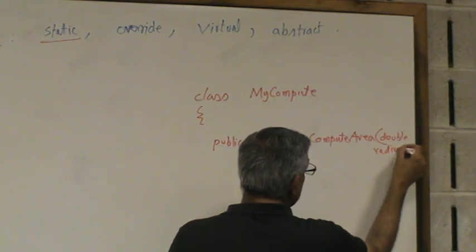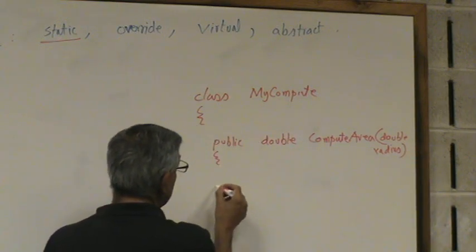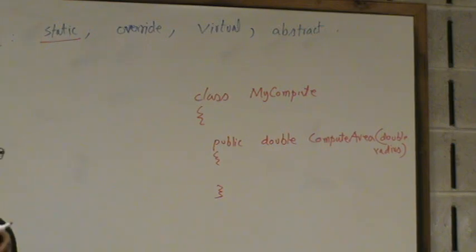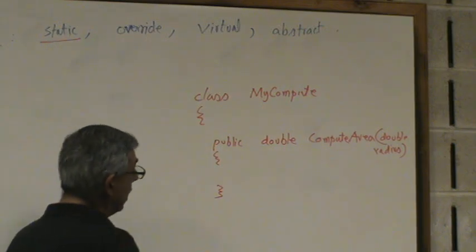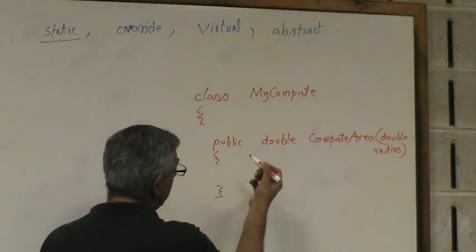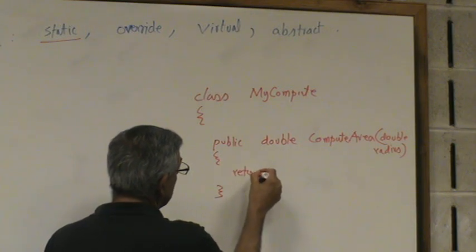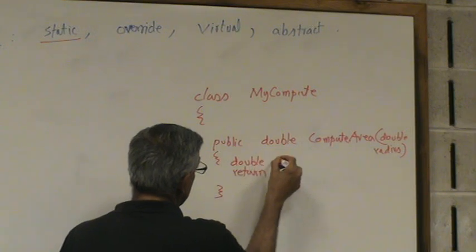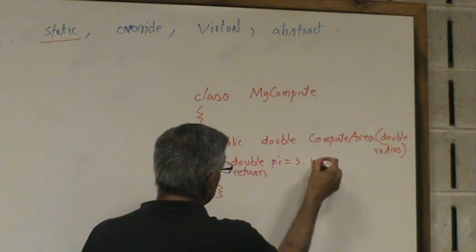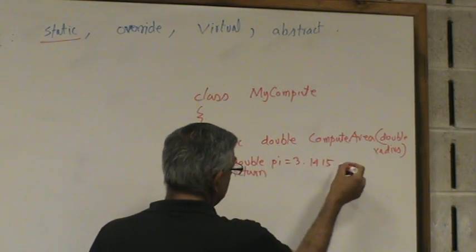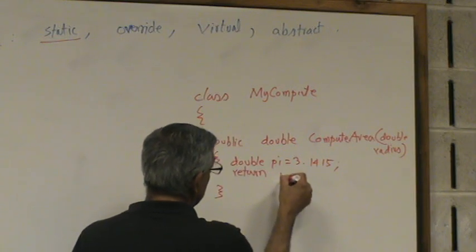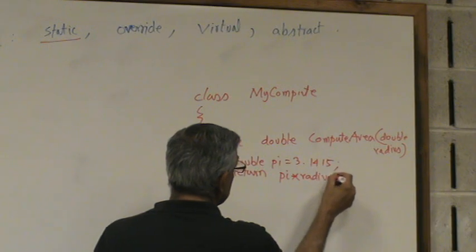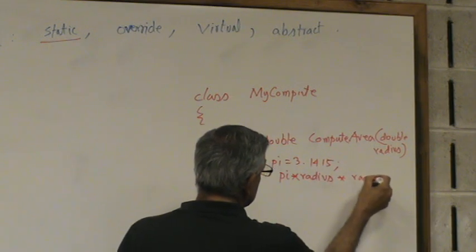Then double radius. So let's pretend the code over here computes the area of a circle. Remember, anybody remembers the formula for area of a circle? Pi r squared, right? So this will do, let me just say double pi equal to 3.1415, return pi times radius times radius.